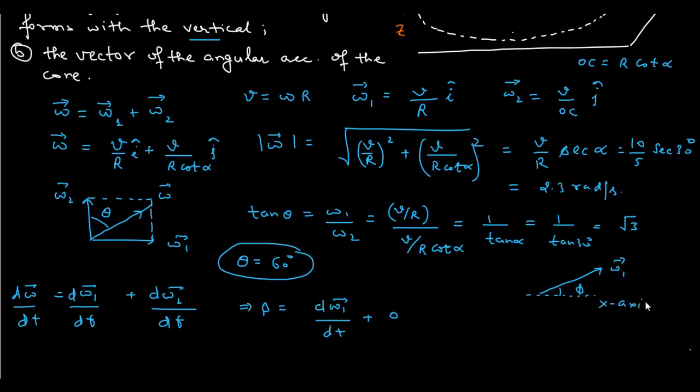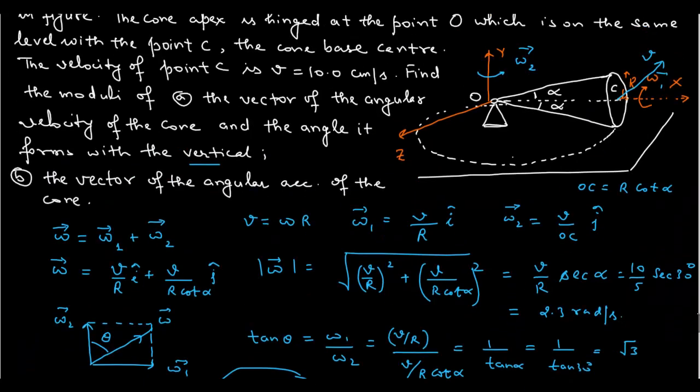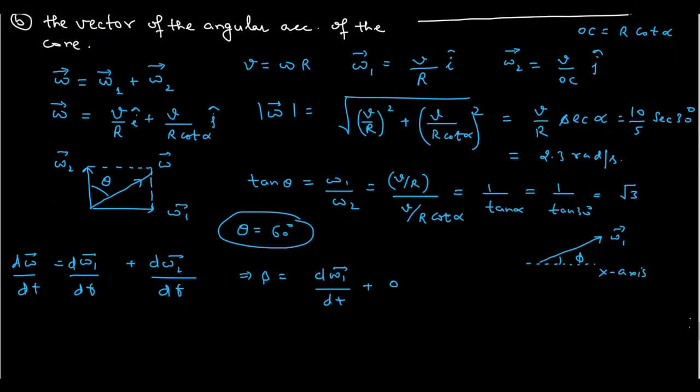It makes an angle phi with the x-axis because it is rotating about this y-axis, and this plane is naturally the xz plane. So at any instant omega 1 makes an angle phi with the x-axis, meaning the initial axis of rotation. Clear?